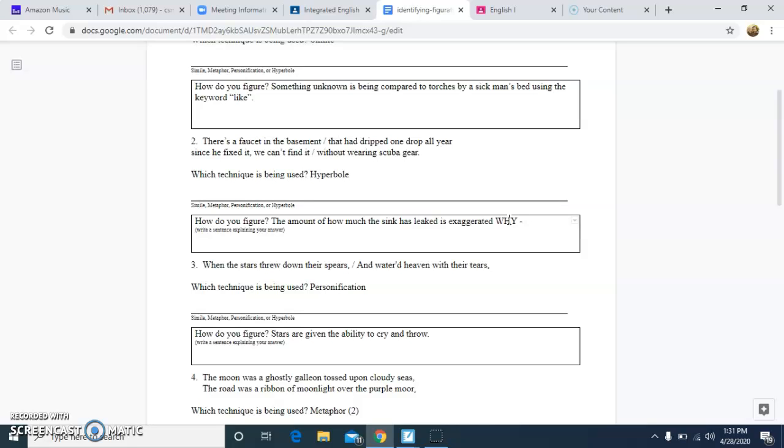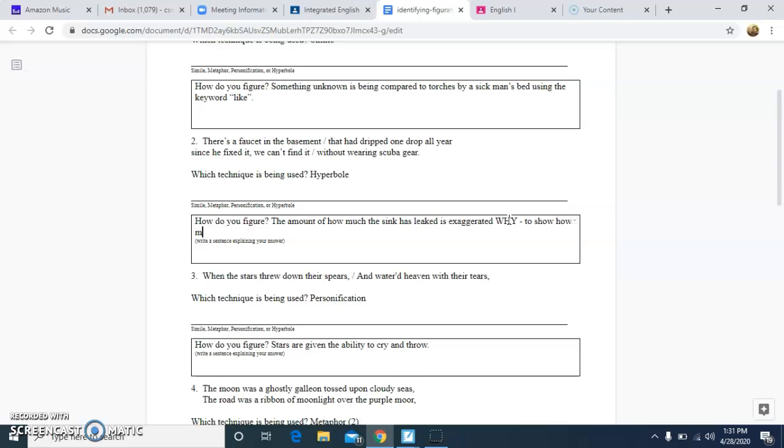The amount of how much the sink has leaked is being exaggerated to show how bad the leak is, or how much of a problem they have with the leak. So make sure you're always getting that why in there when you explain hyperbole.